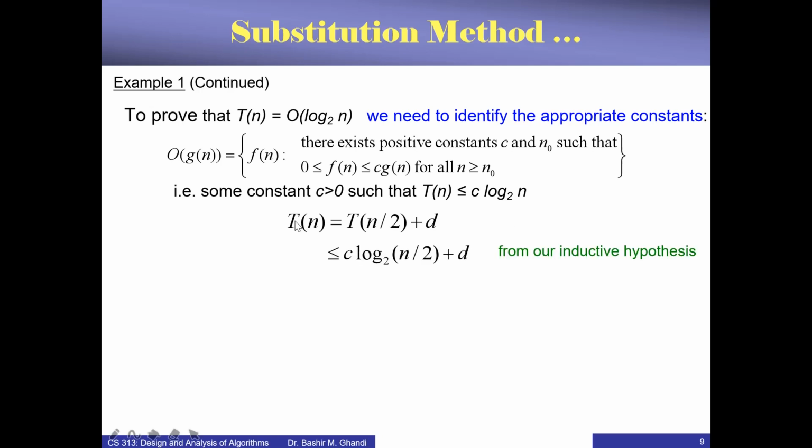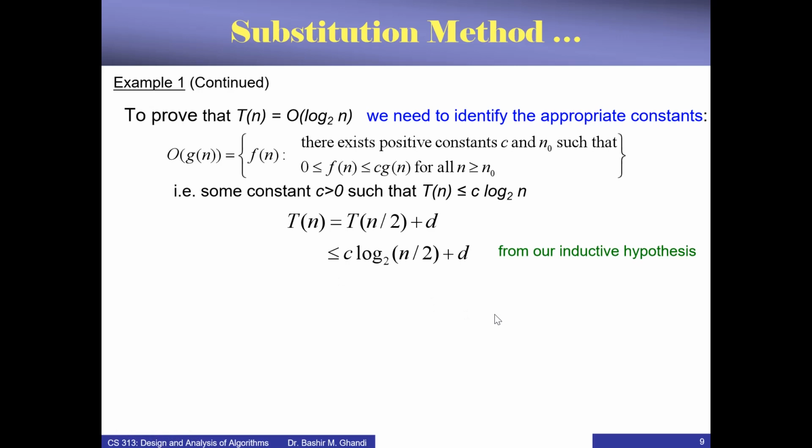we do the substitution now. Instead of saying T(n) equals T(n/2) plus d, we will replace this with less than or equal to C log of n/2 plus d, because this is what we just saw from our hypothesis. Our hypothesis says T(n/2) is less than or equal to that. So if you replace T(n/2) with that, then the equality becomes less than or equal to.